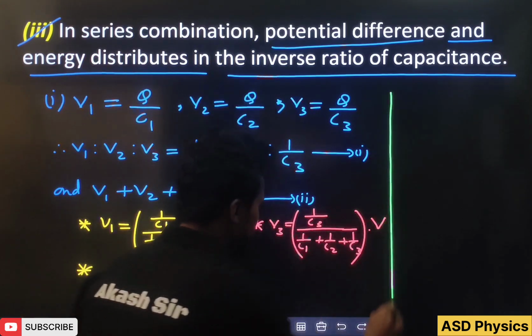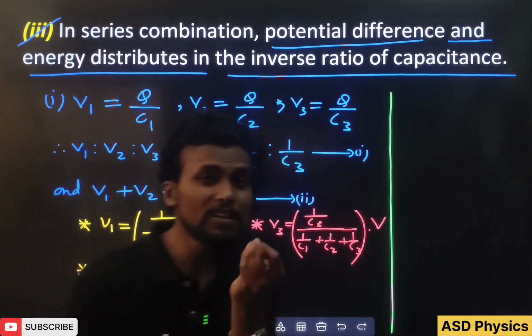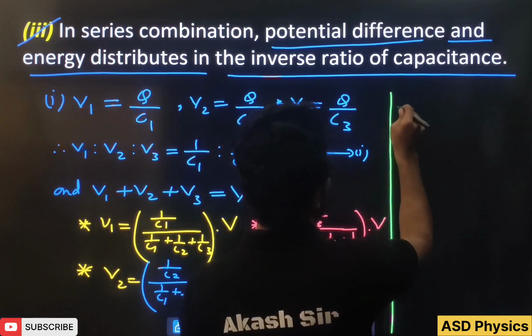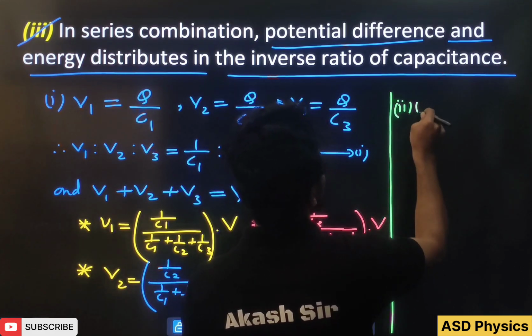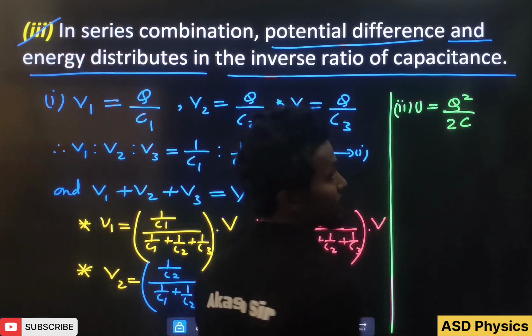Now if we talk about the energy also, what is their inverse ratio? You know very well what is constant: charge is constant. So when the charge is constant, we use the formula U equals Q square by 2C.